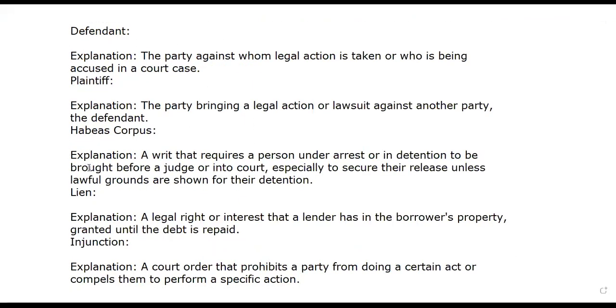A plaintiff is a person who is suing. We have what we call habeas corpus. This is simply a writ that requires a person under arrest or detention to be brought before the court. It's called a writ, or it's called habeas corpus. So simply a written document that requires a person who's under detention to appear before court.